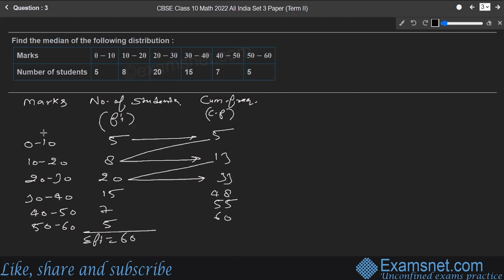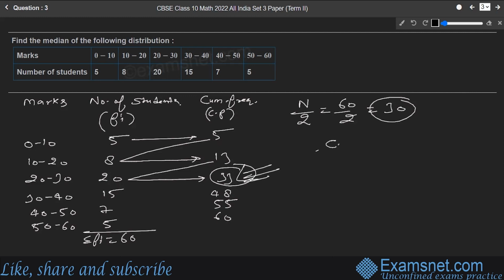For the median, we are supposed to do n by 2. n by 2 is nothing but 60 by 2, that is equal to 30. Now, where does this 30 exist in the cumulative frequency? It lies in the category of 33. So against this 33, the previous cumulative frequency is going to be 13.